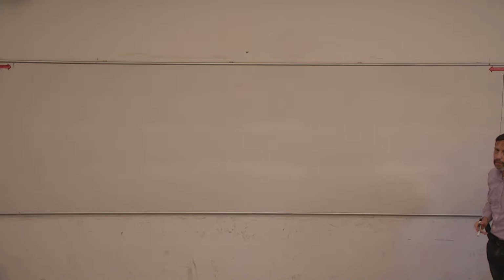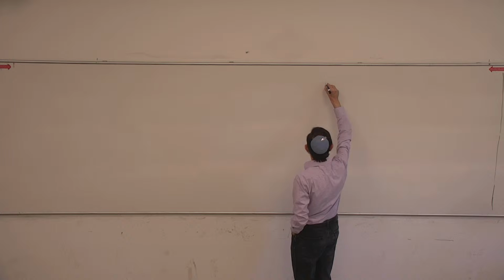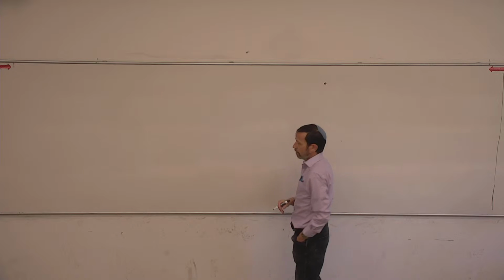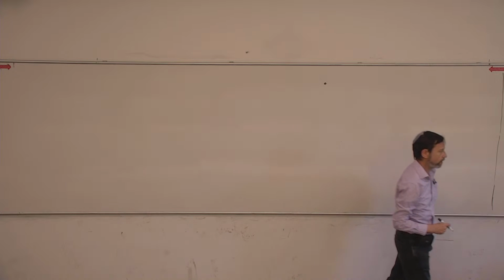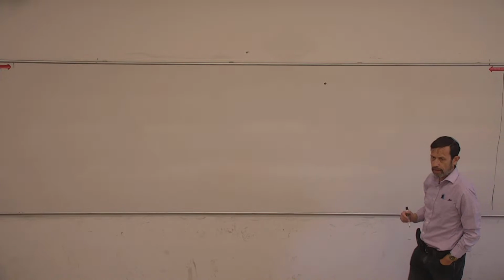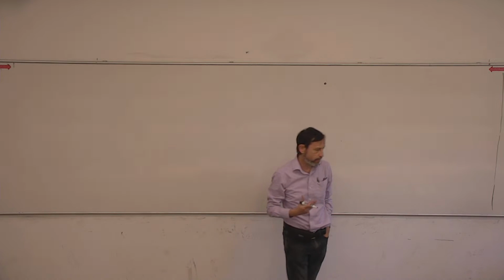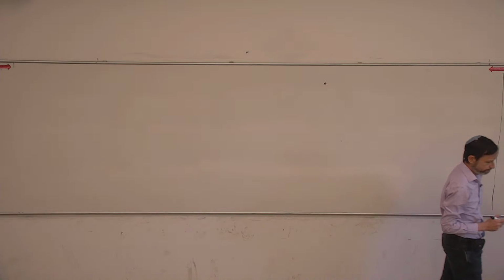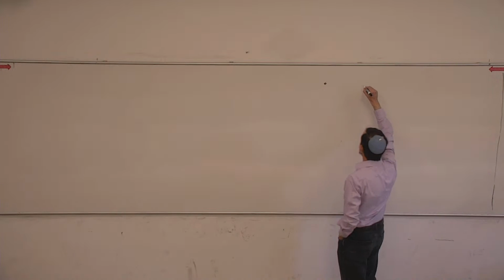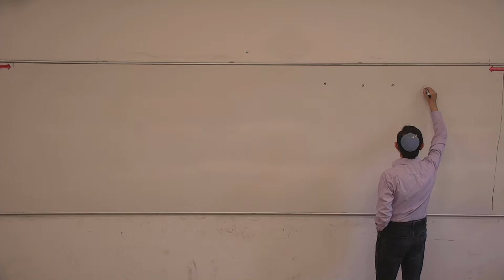So at the end of the previous lecture, we had the case of a one-dimensional lattice, which has two atoms in its primitive unit cell. Something like this.